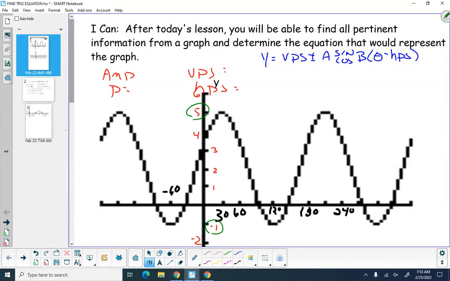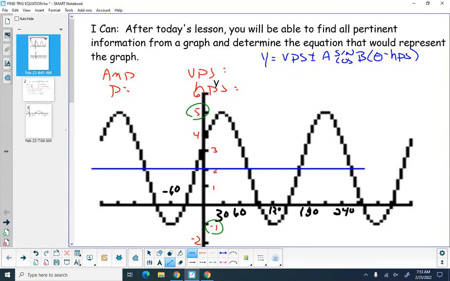Yeah, you have to find the halfway point, because we have to be able to oscillate up from this and down from this, and we have to be equal up and equal down. So we had to find the halfway point between 5 and -1, which gives us our vertical phase shift.